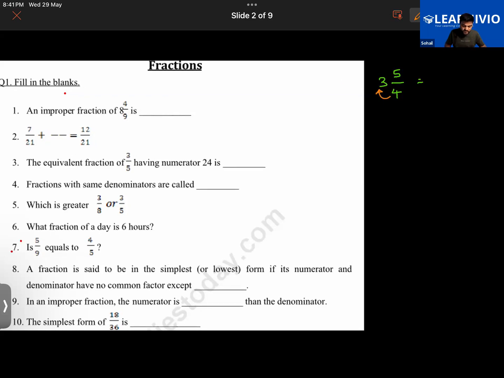The result is 12. Whatever result you get, add this to the numerator. So in the numerator, 3 fours are 12, 12 plus 5 is 17. 17 upon 4. Did you understand this? That's an improper fraction.